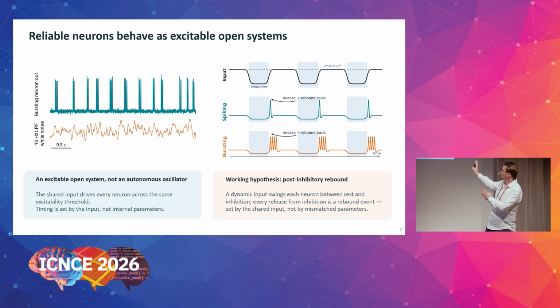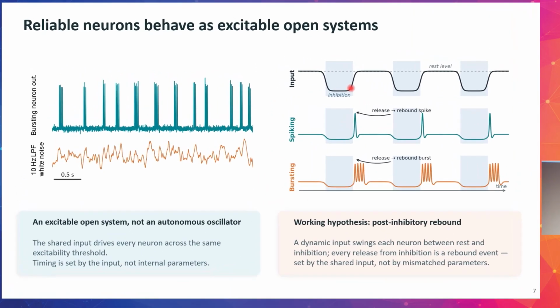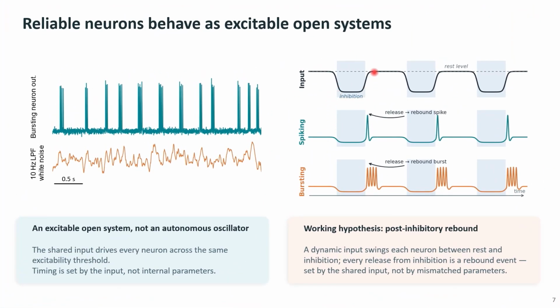The second half of the equation is more of a working hypothesis so far. These mixed feedback neurons that we are using have a property that is called post-inhibitory rebound. So they have a resting level, which is a non-zero input that still doesn't produce spikes. But when you hyperpolarize, so you remove this non-zero input, and then you go back to the resting level, the neurons will produce either one spike or one burst as a transient response.